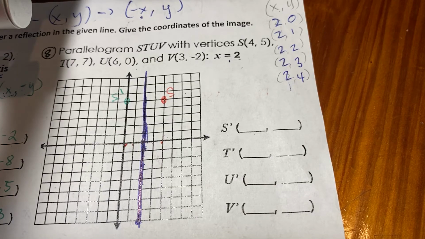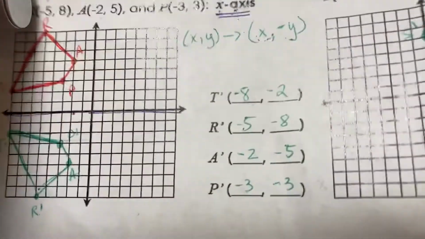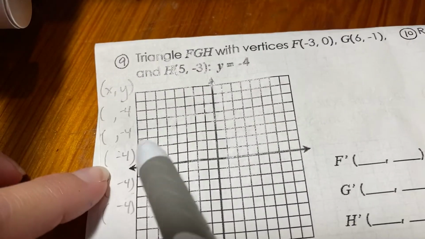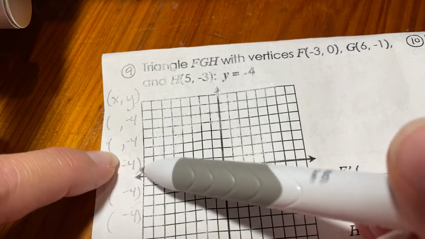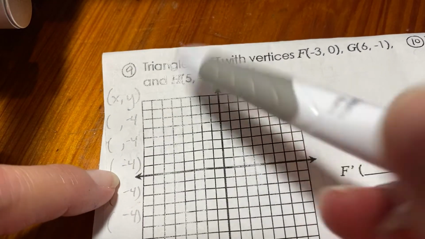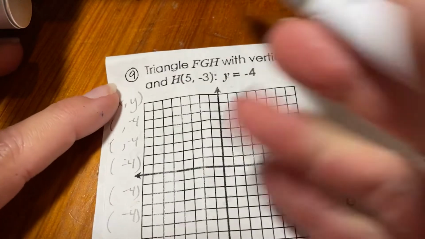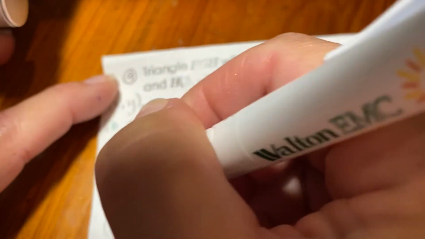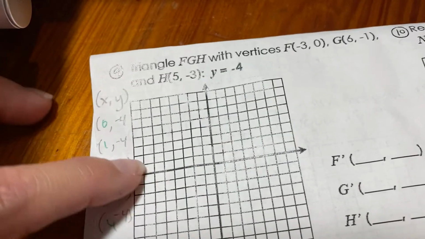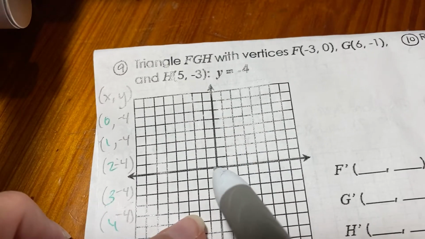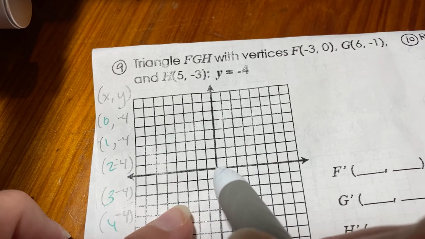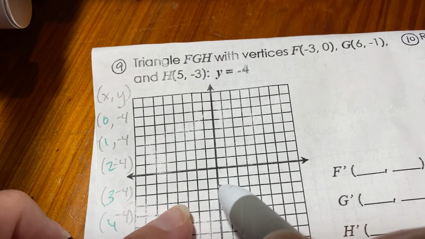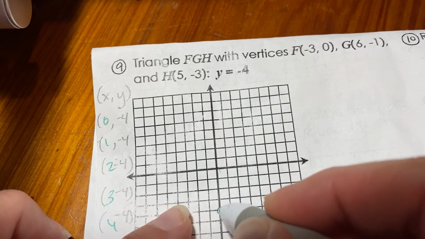Okay? All right, let me give you another example here with y. In this problem, y equals -4. So the same concept, that just means that every point in this line of reflection, my y is -4. So 0, 1, 2, 3, 4. Okay? So where is 0, -4? 0, -1, 2, 3, 4 is right there.